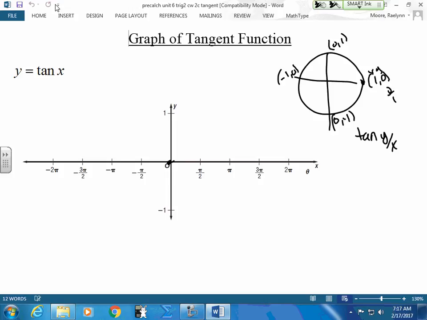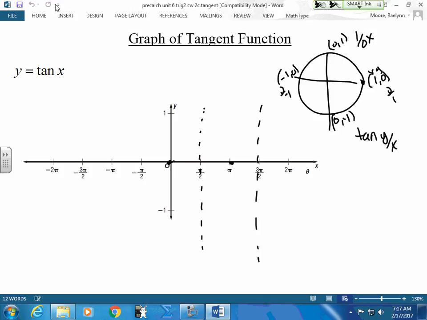At my 90, if I take my y over x, I get an undefined. Can't do it. It gives me an asymptote here. At my 180, at pi, y over x, I get 0 over -1. I get a 0. And at 3 pi over 2 or 270, I get an undefined.